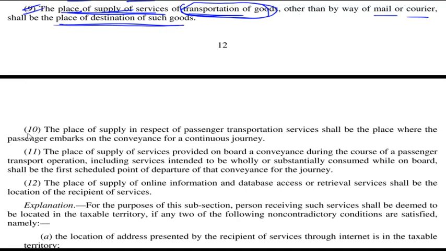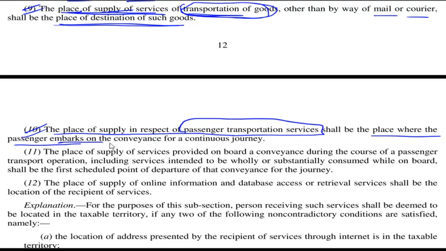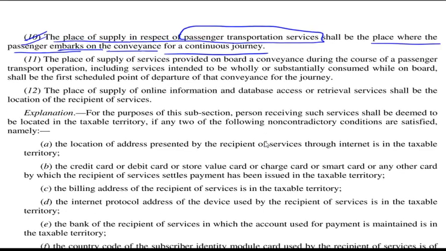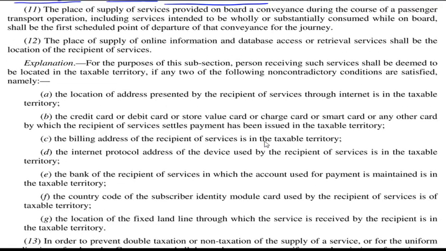Let's see subsection 10. Place of supply in respect of passenger transportation service shall be the place where the passenger embarks on the conveyance for a continuous journey. Let's see what subsection 11 states.